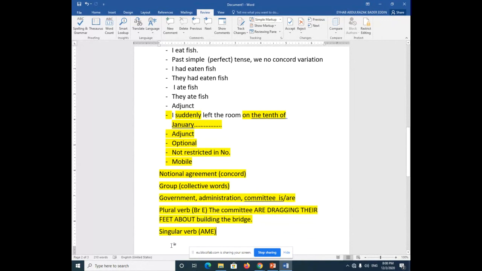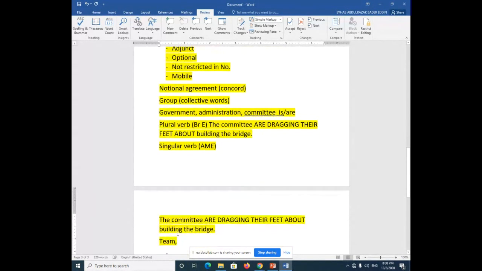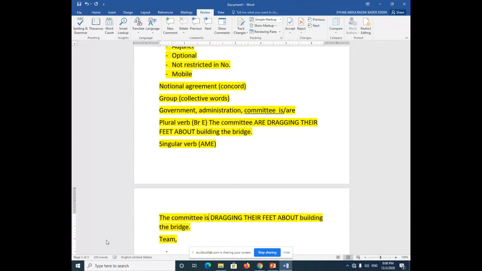So we call this usage notional concord or notional agreement. And if you use the American style, they call it grammatical concord. It is not notional, we call it grammatical concord.